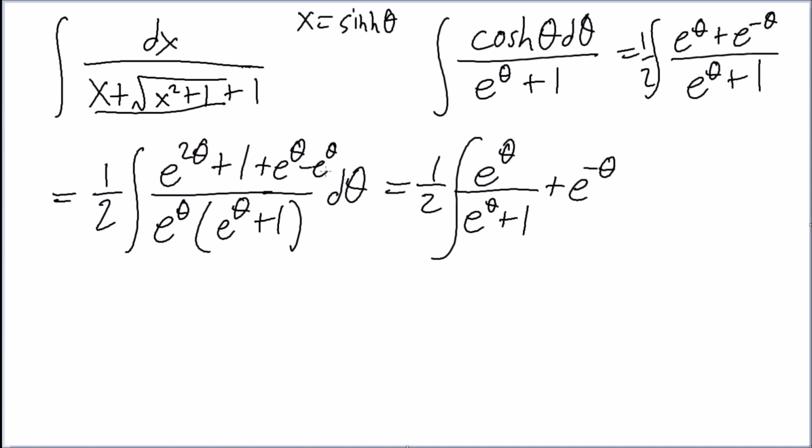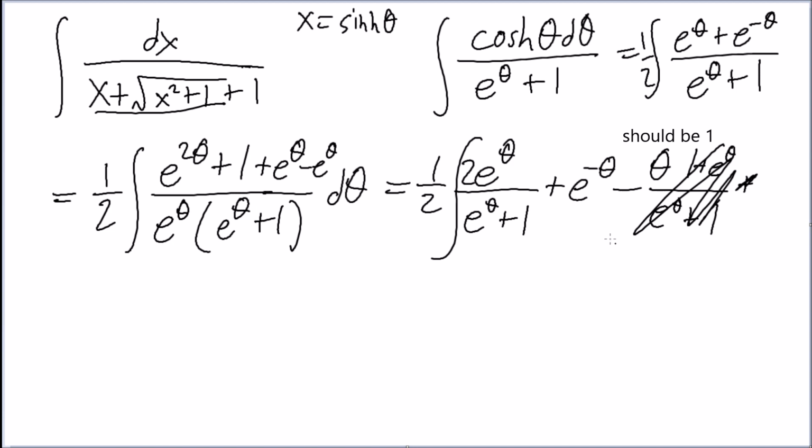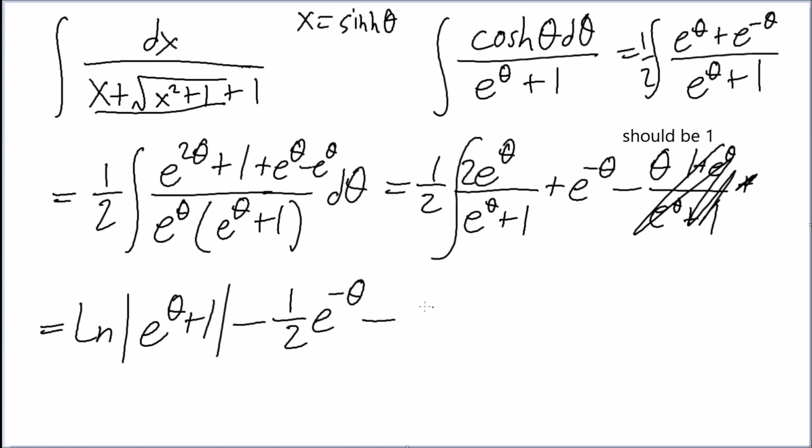And then this here, I'll have minus e theta plus 1, plus e theta, then plus e theta, which is 2 here. Okay, and then this whole thing would be negative theta. Okay, alright, got it. So now the whole answer is going to be ln of e theta plus 1, and then minus a half of e to the negative theta, and then minus, this is theta.